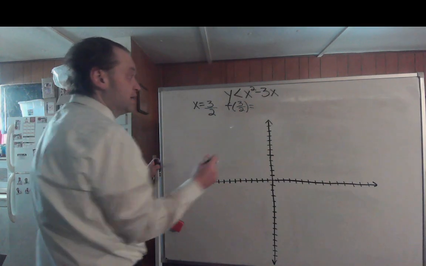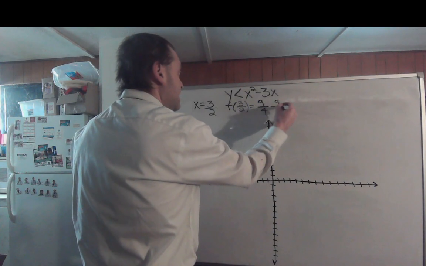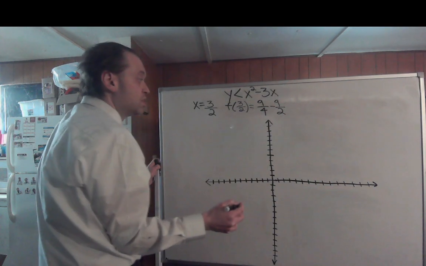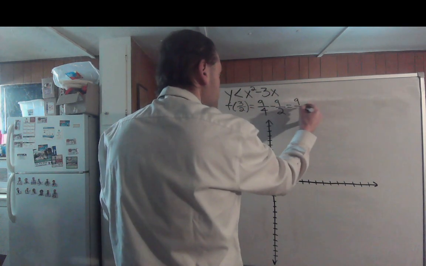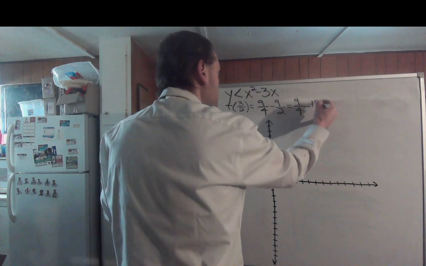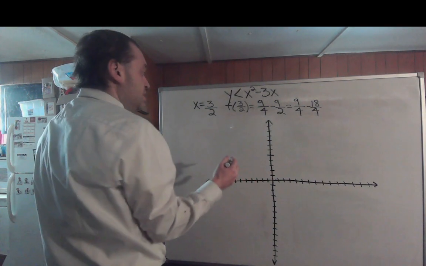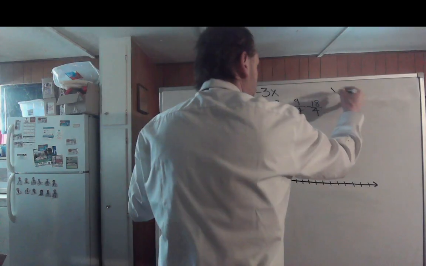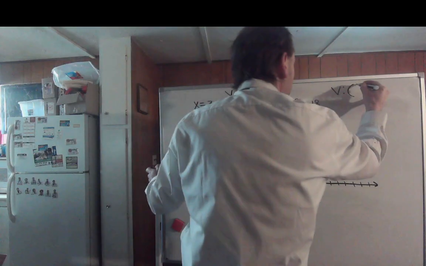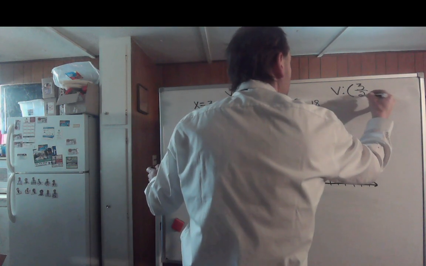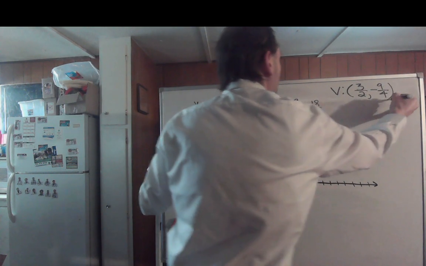That would give me, of course, 9/4 minus 9/2, which would end up giving me 9/4 minus 18/4. So I get the value of my vertex being at the coordinate 3/2, negative 9/4.